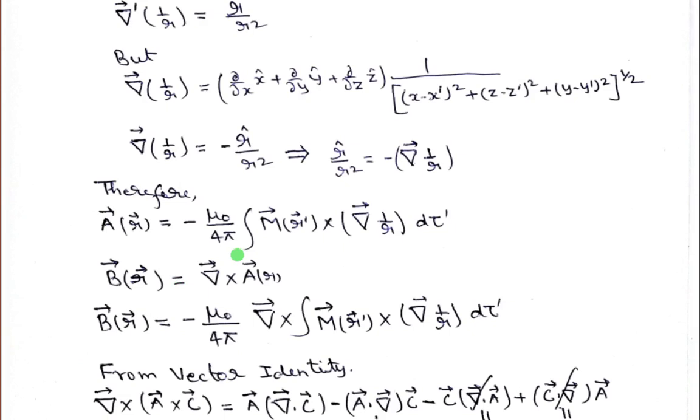Try to understand the difference. We started from the microscopic point of view, considering each and every tiny dipole, and then we are trying to calculate the magnetic field due to the whole object. So we are going from micro to macro level. Okay, that is what we are going to do.